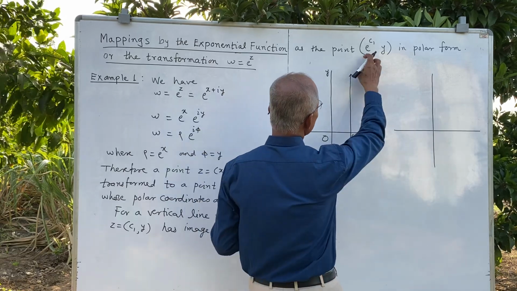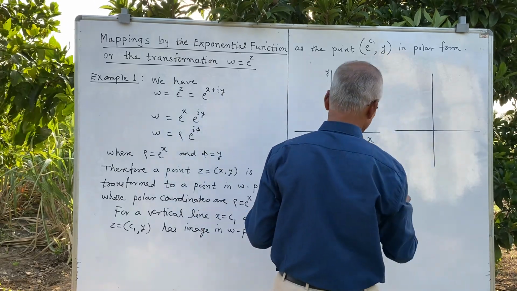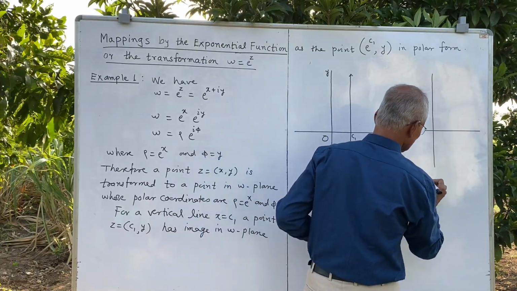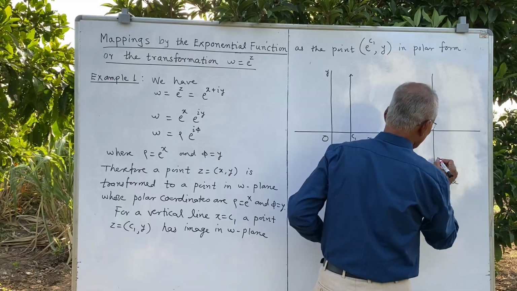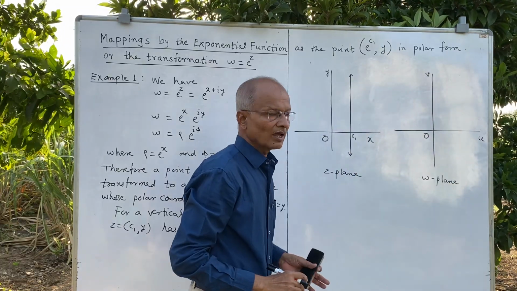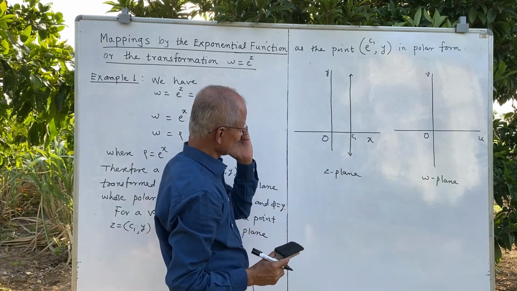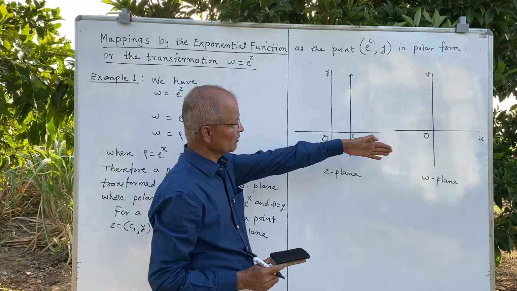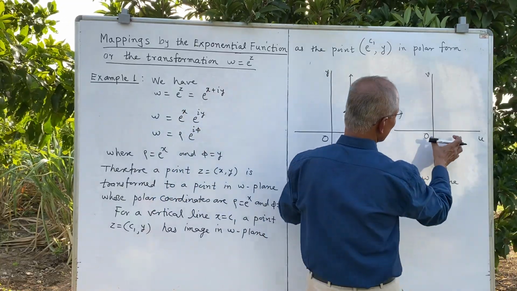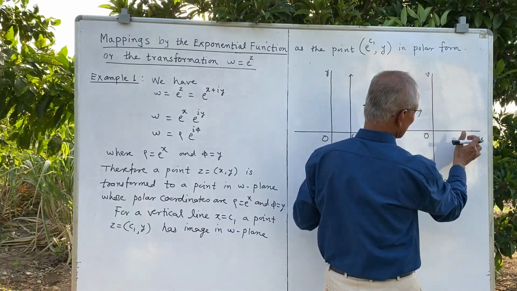The axes in the w plane are u and v. So the point is (c1, y), its polar coordinates in w plane will be e power c1. So if this is c1, then e power c1 may be this.